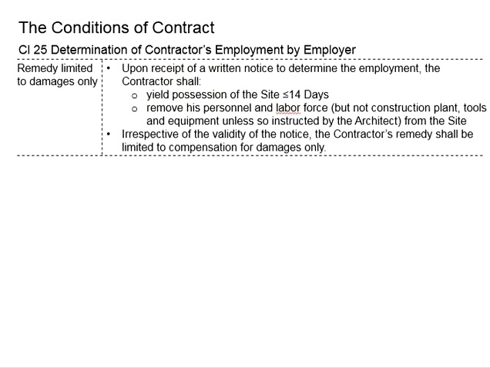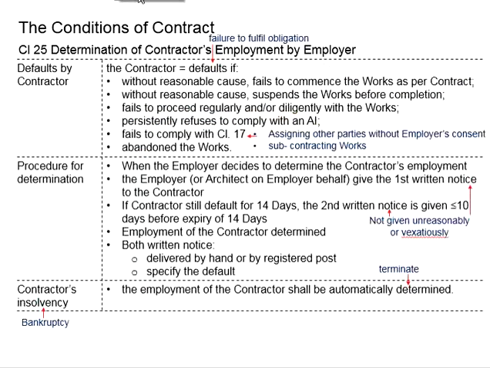That means the contractor will need to prepare to vacate the site, remove his belongings, and give possession back to the employer within 14 days. He will need to remove his personnel and labor force, but not the construction plant, tools and equipment, unless instructed by the architect.